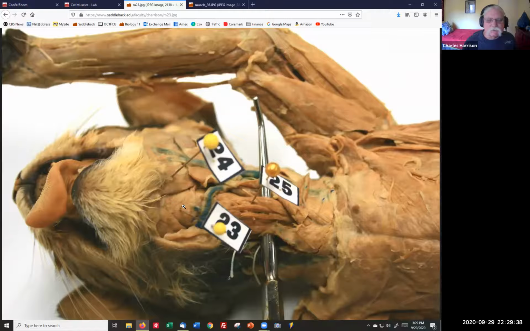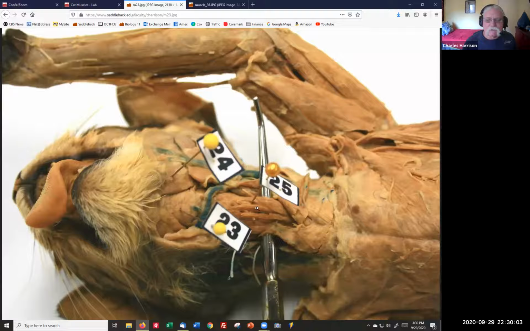This muscle here, if we do it numerically, 23 is next. This is the mylohyoides. You remember just a moment ago, on the human, it was in between the two digastricus muscles. And here they are. A little bit more fur would have been nice to have been taken off here.